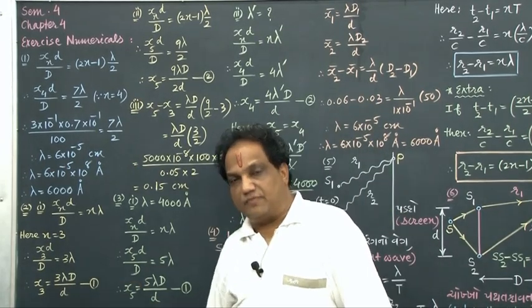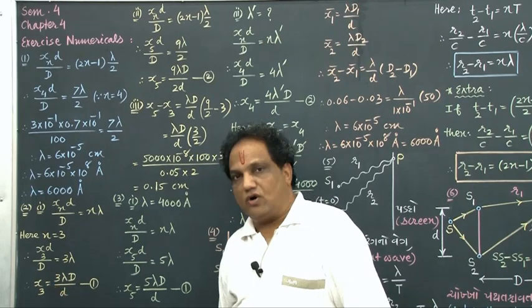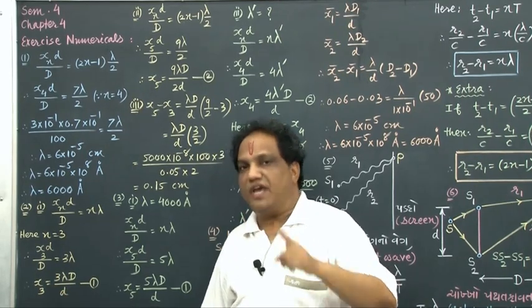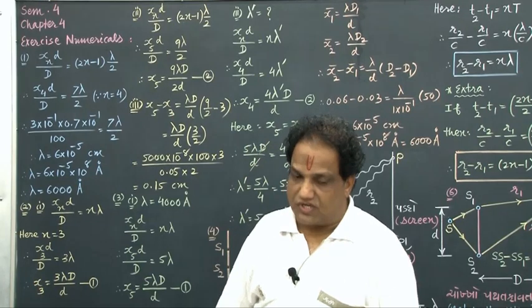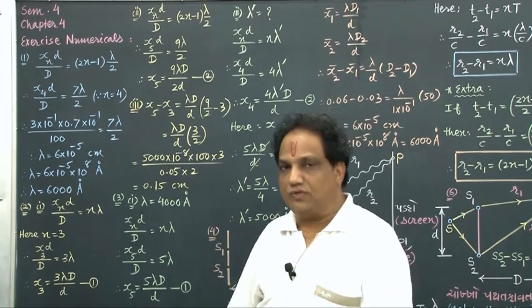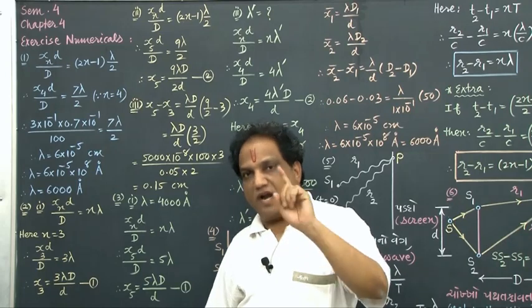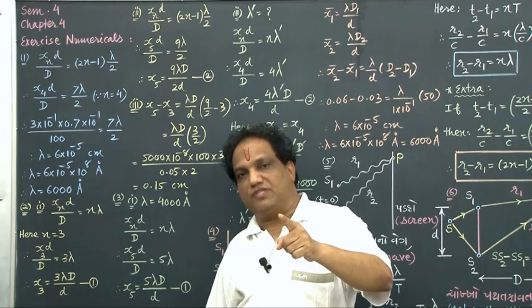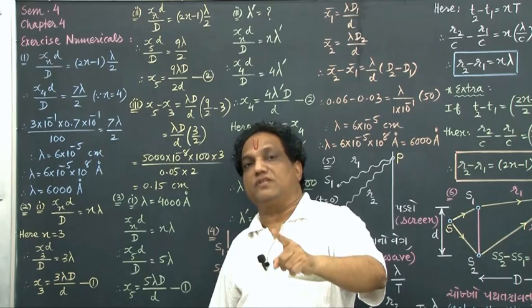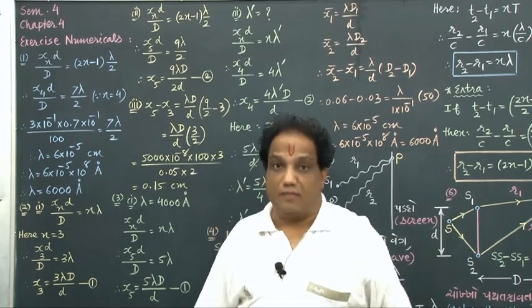They are asking distance between third order bright fringe and fifth order dark fringe. What is the distance? Let us find out. First of all, take third order bright fringe. Bright fringe, maximum intensity, constructive interference, path difference should be n lambda.